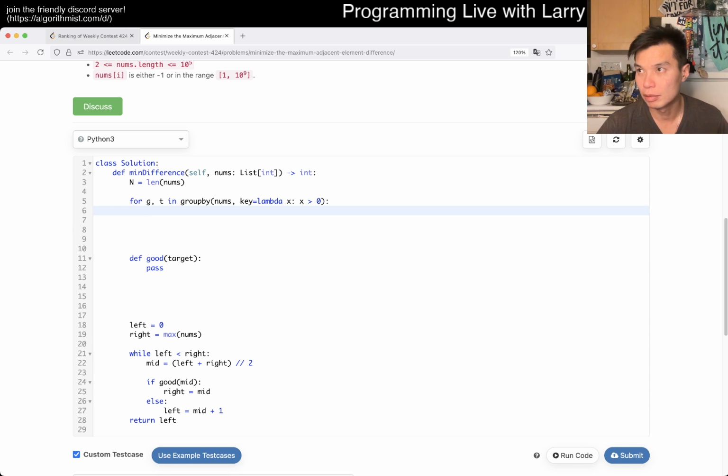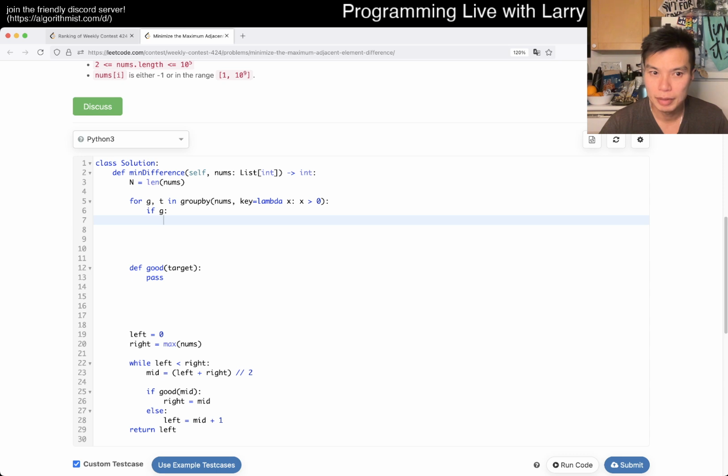Do we care about the front stuff? I guess we kind of do, but. So G. If this is graded, or if it's 2 elements, then just might as well be 2.